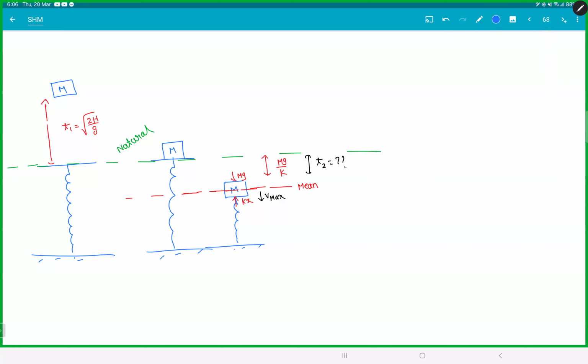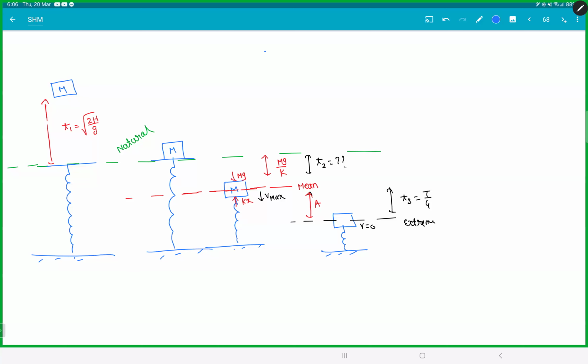After this point, when the block goes further down, you will reach an extreme position. You will come to rest. This is extreme. This distance will be the amplitude A. And this time will be T3, which is T by 4.